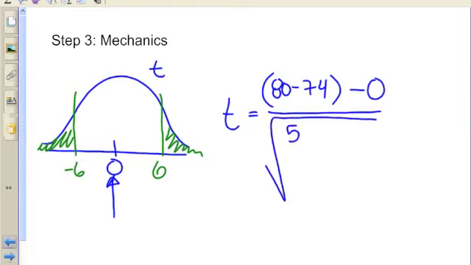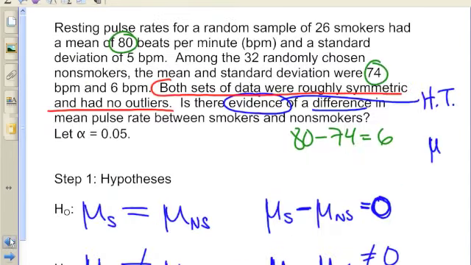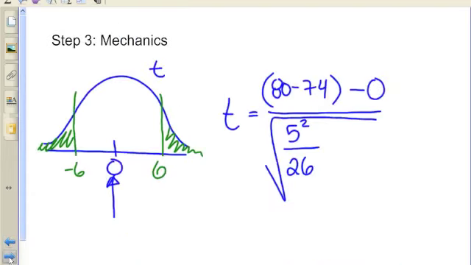Standard deviation for group 1, squared, over the sample size for group 1. What? Where'd you get those numbers, Ms. Curtis? Oh, standard deviation for group 1 is right here, 5. And it said there were 26 in that group. All right, the next one has a group of 32 with a standard deviation of 6. So that's where I'm getting all my numbers, just straight out of my story problem.